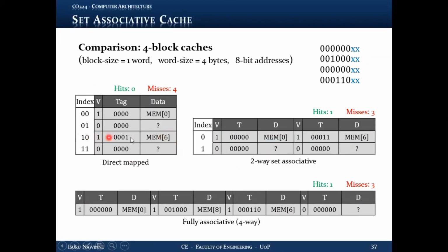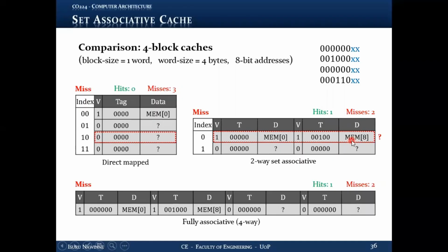This is the cache entry that was referenced, and the data fetched from memory is put there, tag is updated, and valid bit is set. And in this particular set, when address 6 is referenced, you have to replace one of the two.